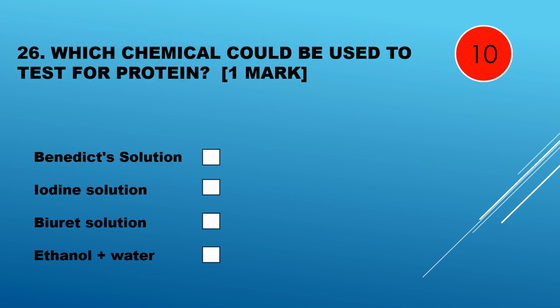Question 26. Which chemical could be used to test for protein? Is it Benedict solution, iodine solution, Biuret solution, or ethanol and water? The chemical to test for protein is Biuret solution.